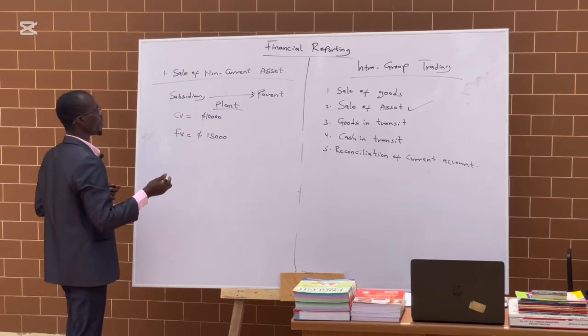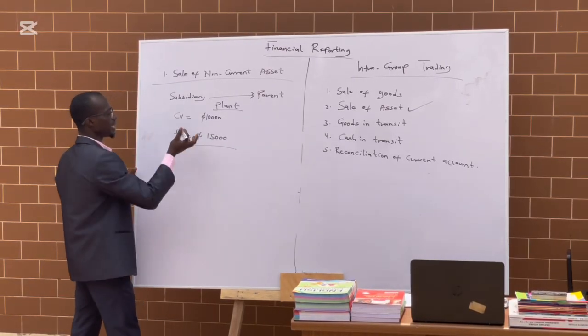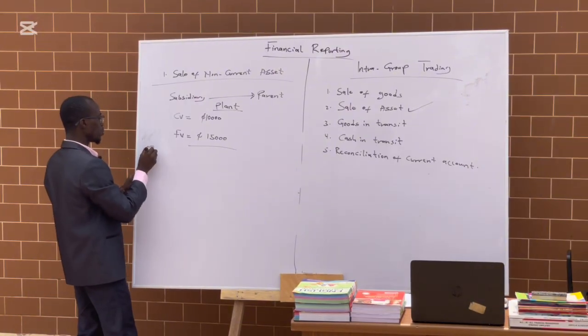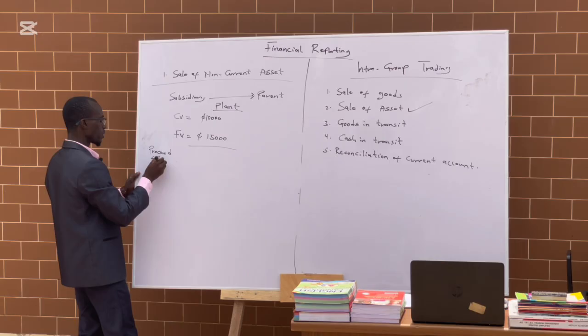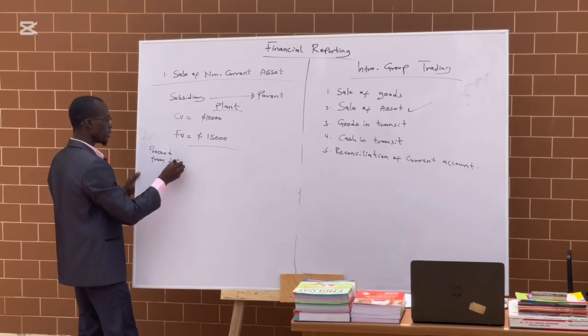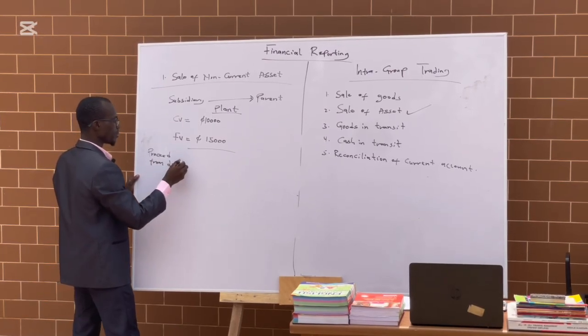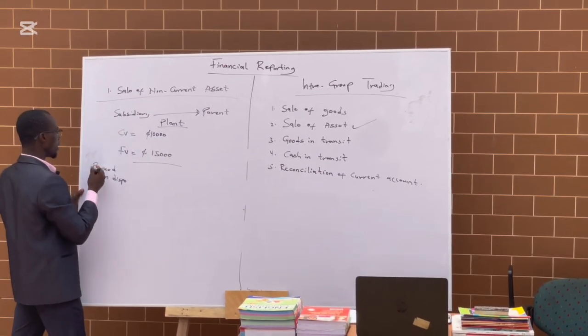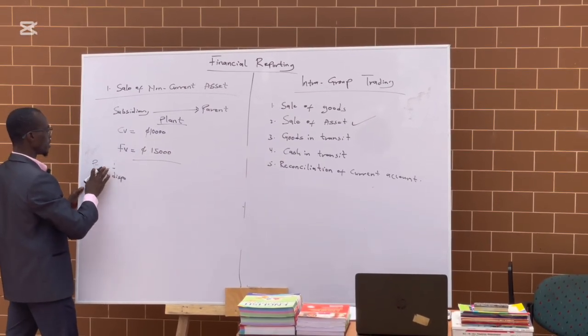So assuming the sale has gone through, the proceeds from disposal will be this. But let me use profit.